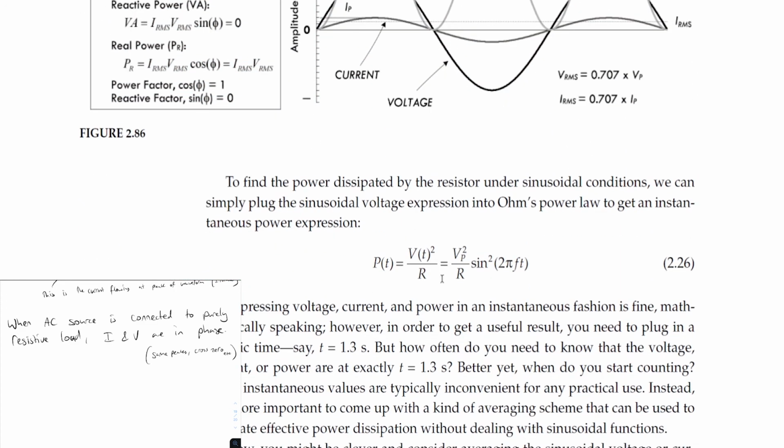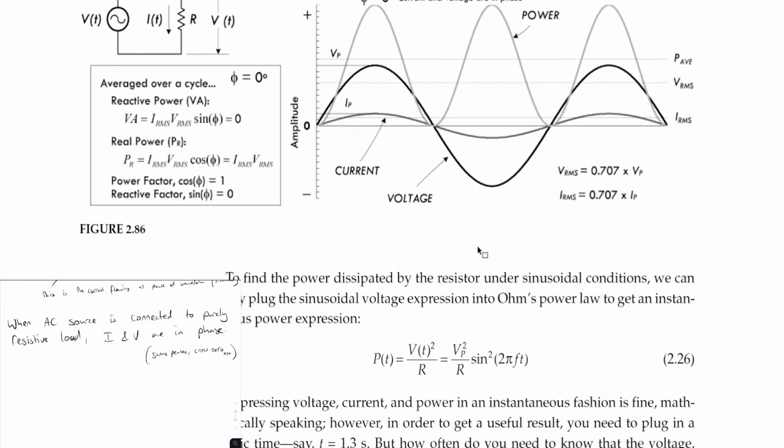To find the power dissipated by the resistor under sinusoidal conditions. To find the power dissipated by the resistor. Okay, basically with a sine wave, we can simply plug the sinusoidal voltage expression into Ohm's power law.